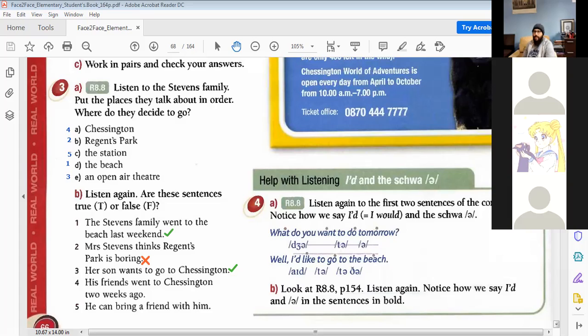His friends went to Chessington 2 weeks ago. False. 1 week. Yes, 1 week ago. So false. What about number 5? He can bring a friend with him. True. Yes, true.